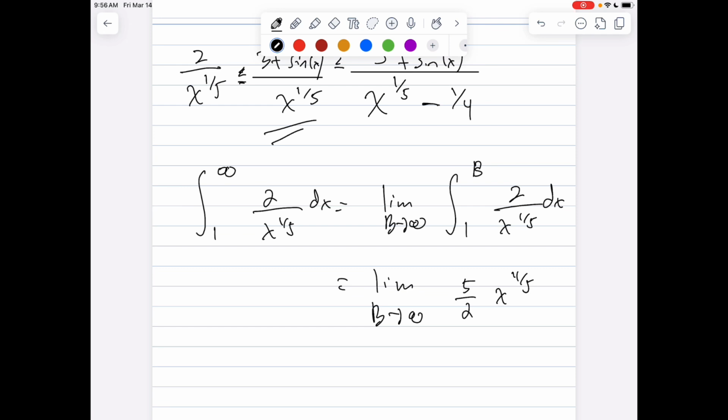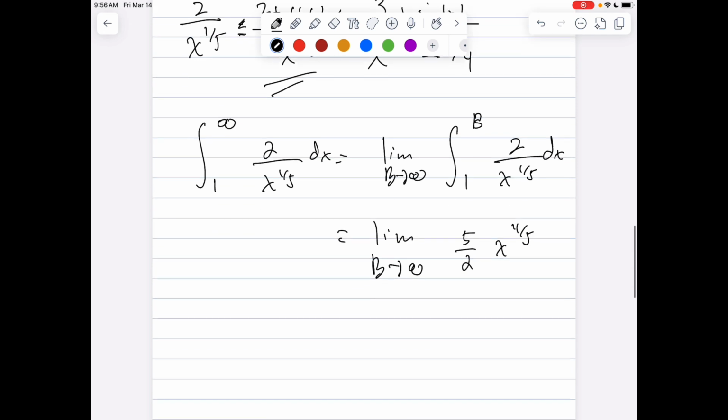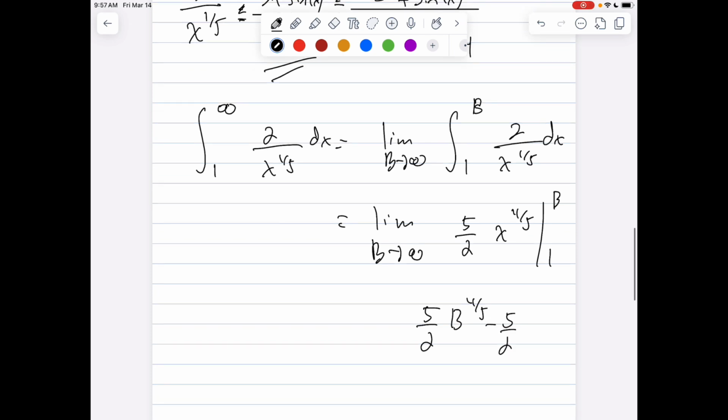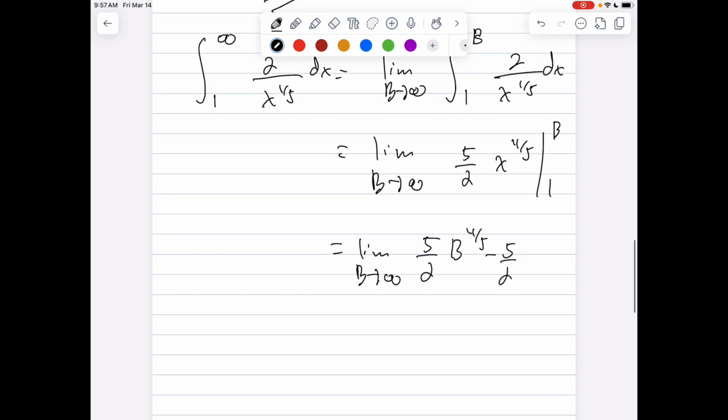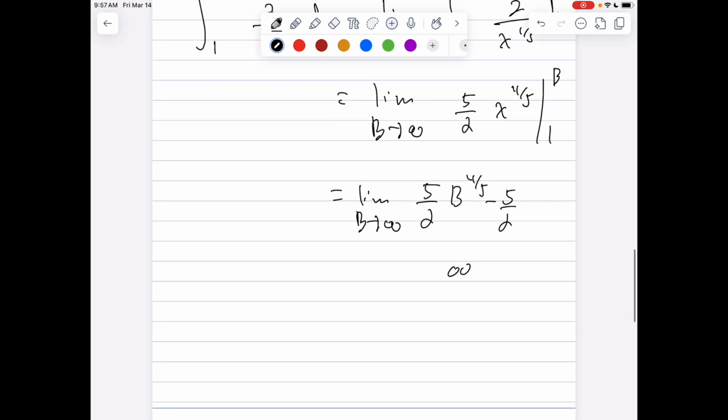Yes, looks good. And then we're going to plug in our b and our 1 in here. So 5/2 b to the 4/5 minus 5/2 times 1 to the 4/5. And then we take this limit as b goes to infinity. So we are going to get infinity here, so your integral diverges.